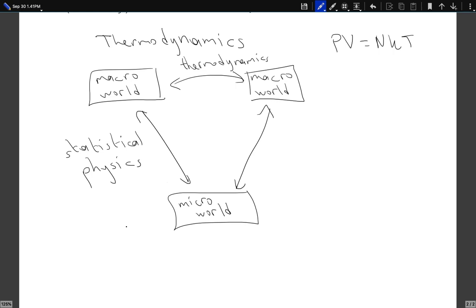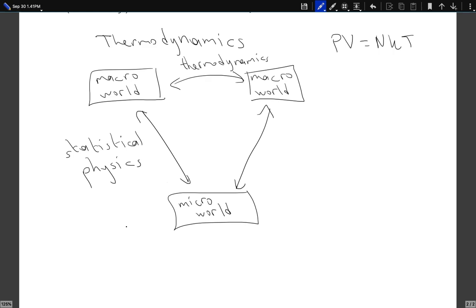And as I said, what we do in statistical physics is we'll be eventually trying to calculate some thermodynamic properties using this microscopic description. And since thermodynamics allows us to relate various thermodynamic properties among each other, we will be using thermodynamics to obtain the other properties.